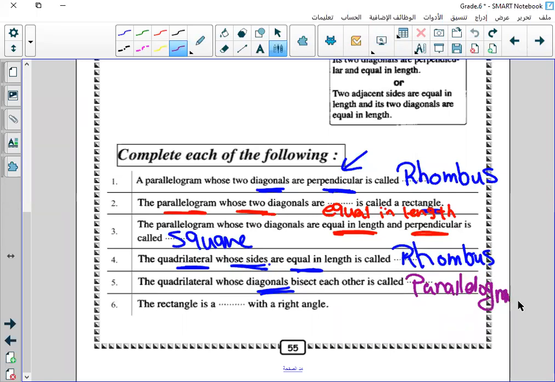Number six. The rectangle is what with a right angle? I want someone to answer.